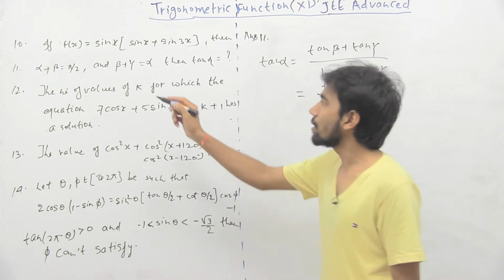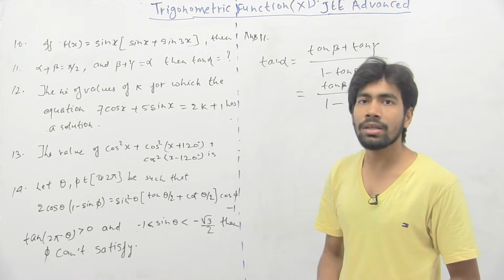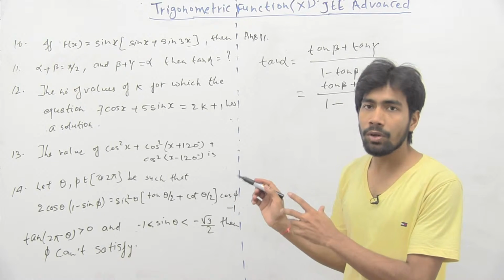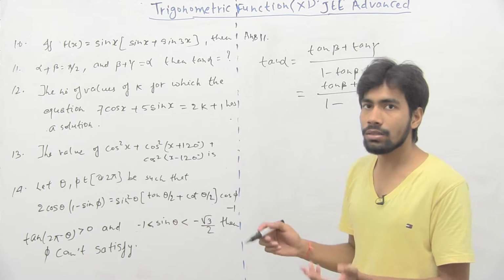Now see from here, beta equals pi by 2 minus alpha, so tan beta equals tan(pi by 2 minus alpha), which will be cot alpha.